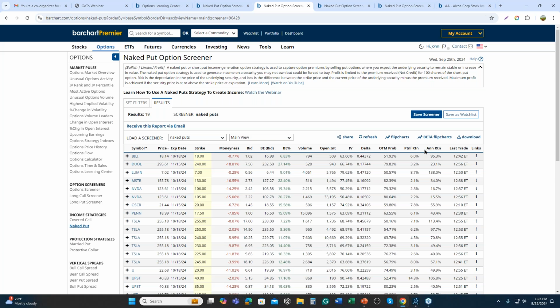That is about 1% per every 30 days to expiration. From the probability side of the coin, we're going to look at out of the money probabilities that are greater than 70% and deltas that are lower than 0.30, or 30 cents or 30%.